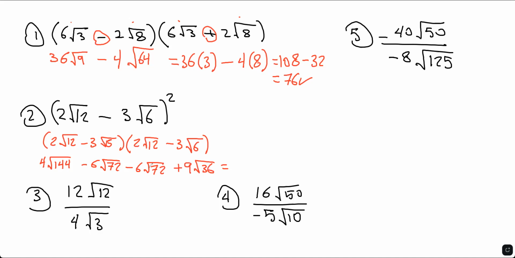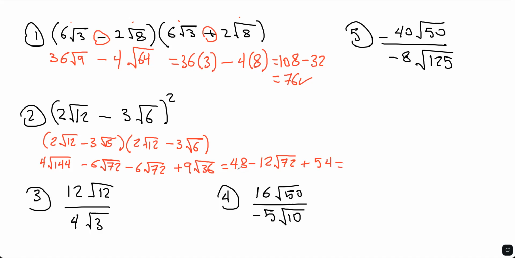Which gives me square root of 144 is 12, and 12 times 4 is 48. Minus 6 root 72 minus 6 root 72 is minus 12 root 72. And 9 root 36: square root of 36 is 6, times 9 is 54.